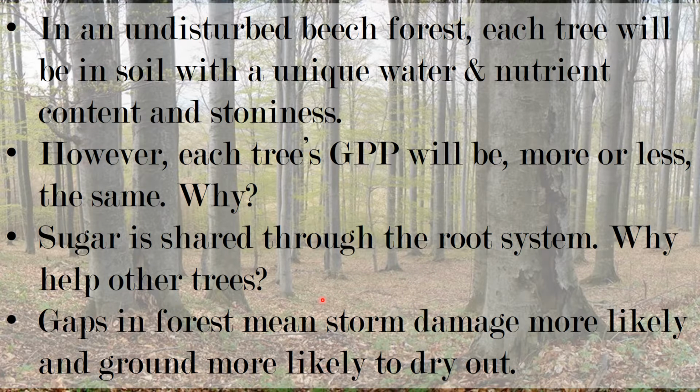So interestingly, these trees work for the whole community. They help each other in order to ensure their own survival, but they work as a group. This was not known until scientists looked at what was going on in the root systems. This is fairly new science.